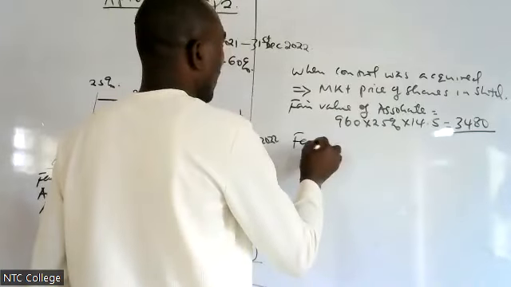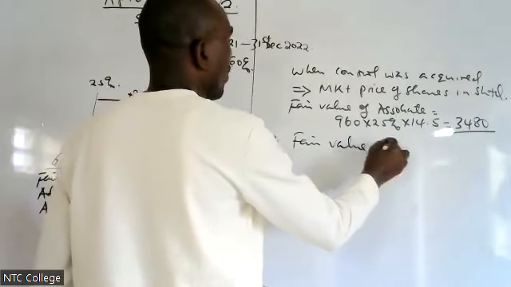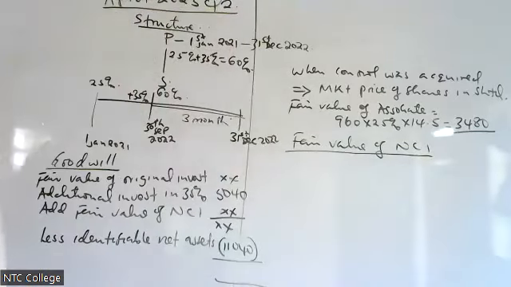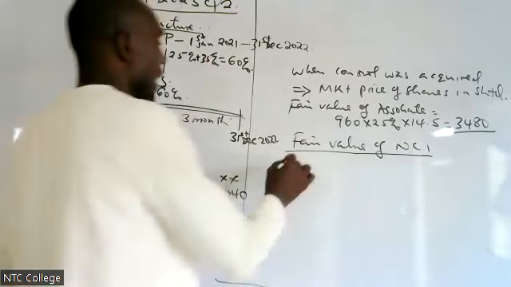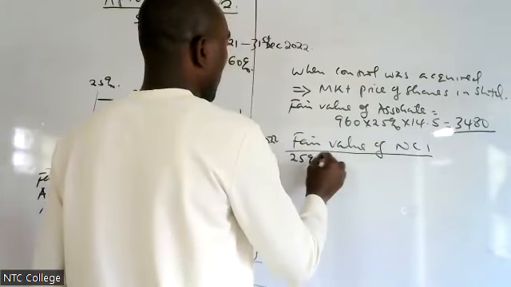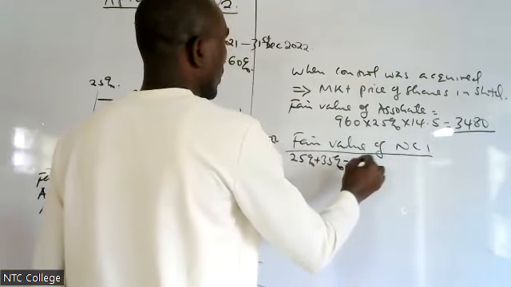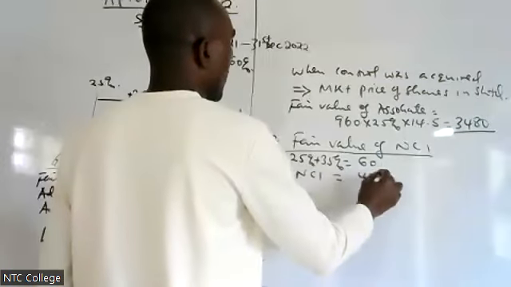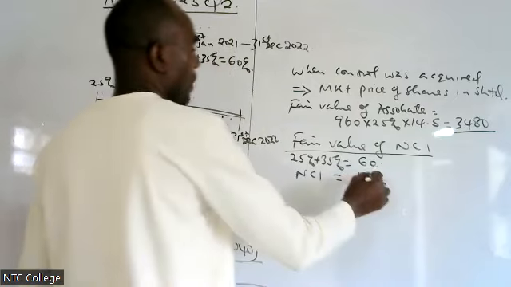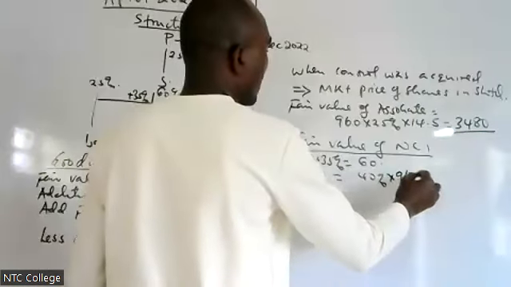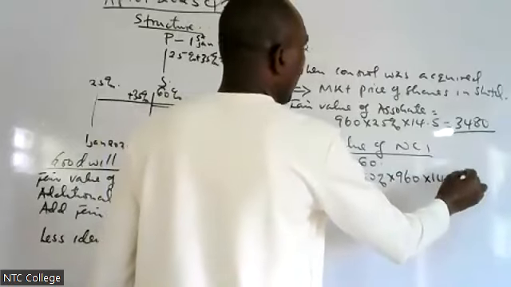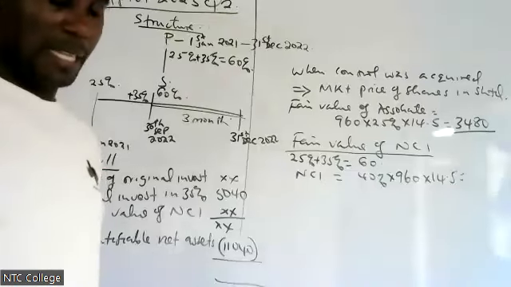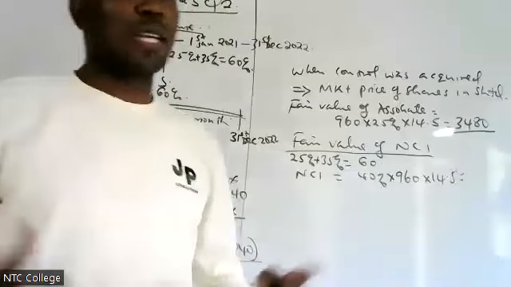Now let me show you the fair value of NCI. Now that we acquired 25% plus 35%, which is 60%, NCI equals 40%. Therefore, I will take 40% times 960 times 14.5. Remember, I told you yesterday, and I said I will be repeating. If you get it, well and good.